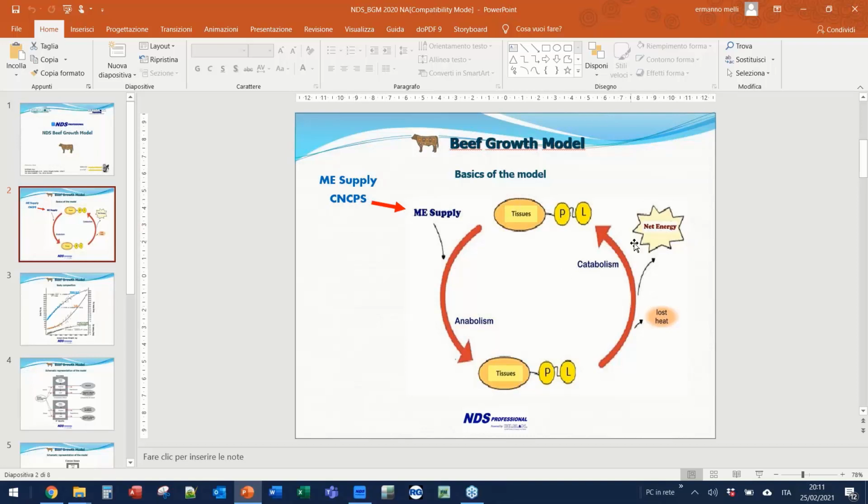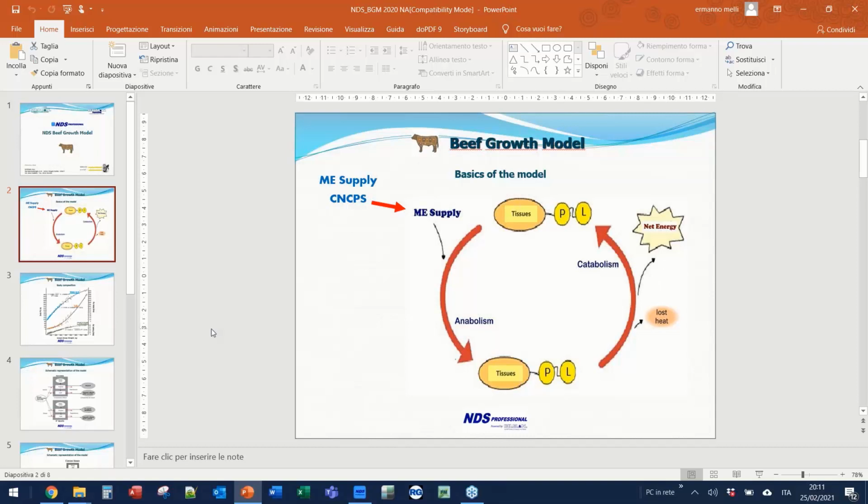And we use this net energy estimated by this process in order to provide a different way to estimate average daily gain.